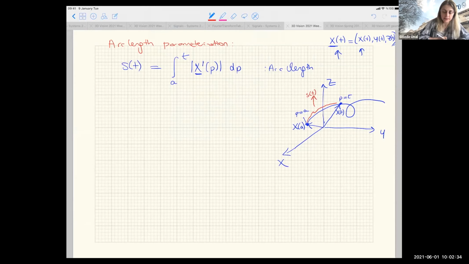That's what we define. Also, using the first fundamental theorem of calculus, which is all well known to you, the derivative relates to the integral. I can take the derivative of this, ds by dt, and I know it will be the magnitude of x prime t, right?